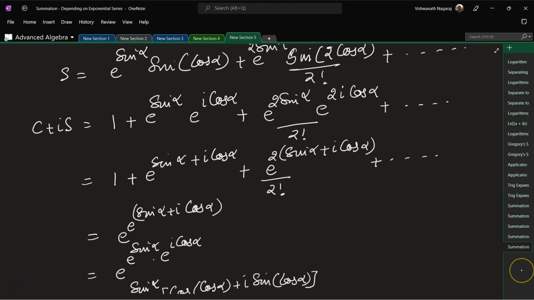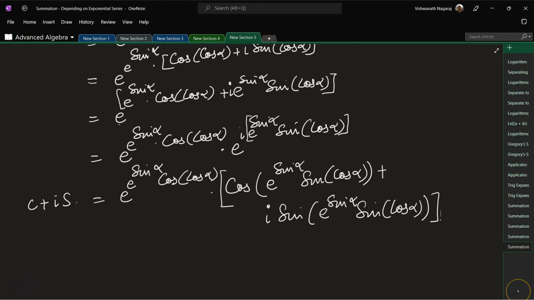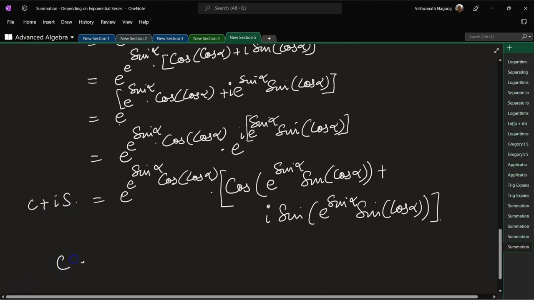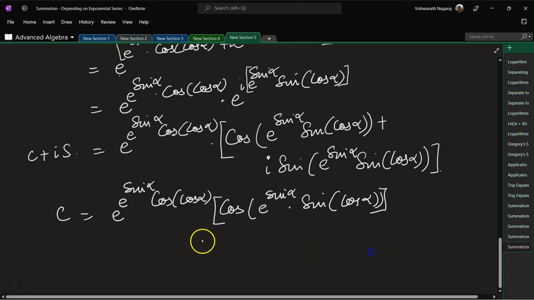Okay, and here we had to figure out the summation of C. So C is the real part. So C will be e to the power of sine alpha cos of cos alpha times the real part, so cos of e to the power of sine alpha times sine of cos alpha. So this is the required expression for summing the given series. That's it. Bye.